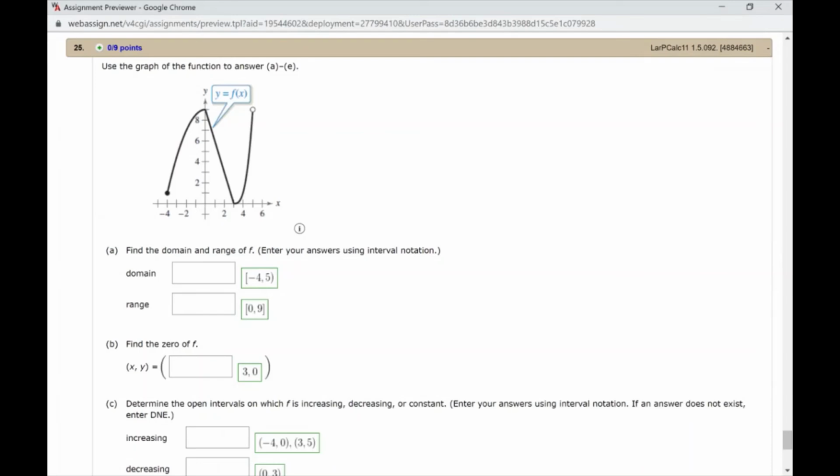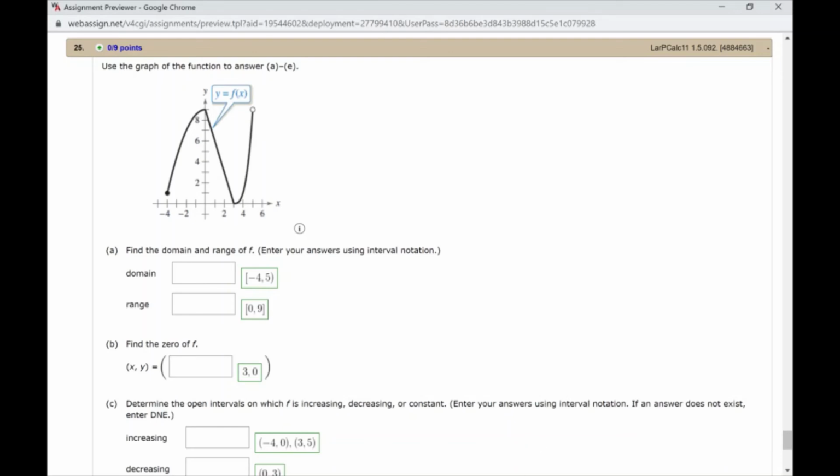But what is the y of that point? 9. So that's why the answer is from 0 to 9. Might have to let that sink in. On the y, it starts from 0 and the highest is 9.